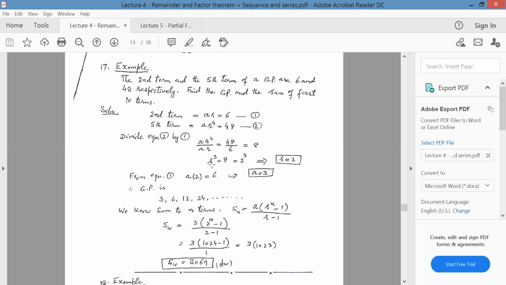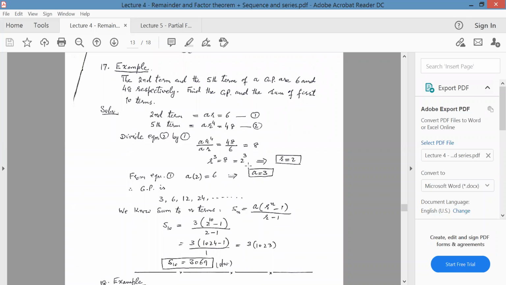Now we want to convert 8 into the power 3. The intention is that we should search for a number whose power 3 comes to be 8. So it's very apparent. If you take 2 power cube, then it becomes 8.